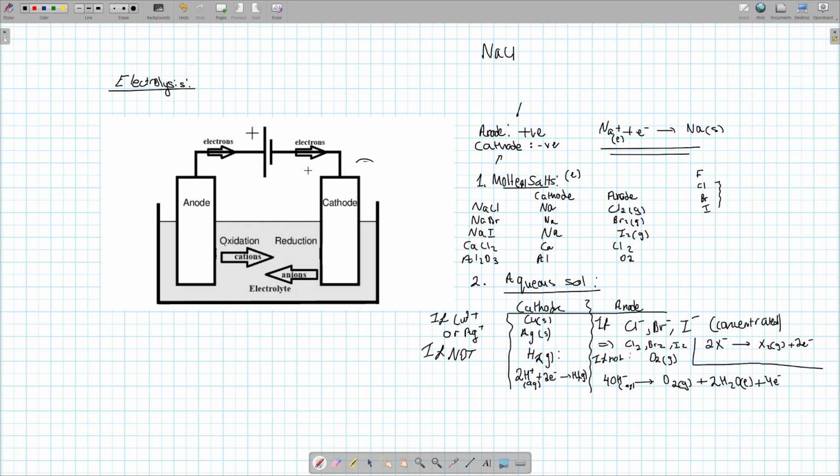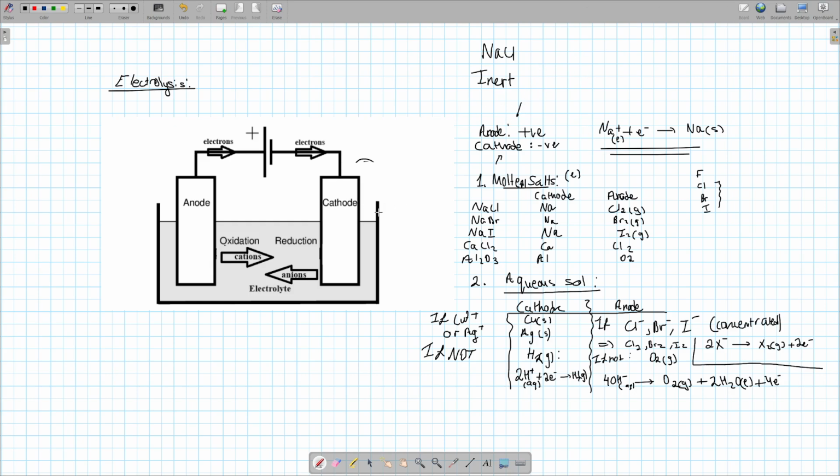One thing before I start, the electrodes used are usually inert. So I'm checking my notes in case I missed something. Yes, they're inert. Later we're going to use electroplating, but for now we're talking about inert.